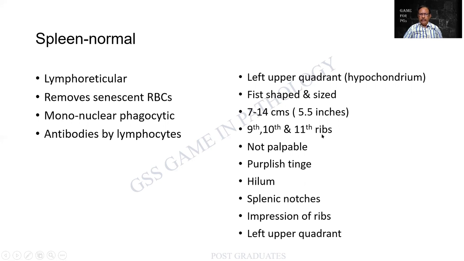These cover the spleen. Normally it is not palpable, it has got a purplish tinge as I had explained. The hilum is the point of entry and exit. Splenic notches can be seen and also the impression of the ridges. Location is left upper outer quadrant.